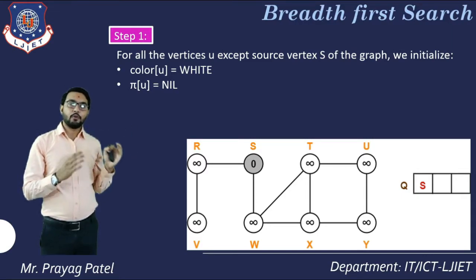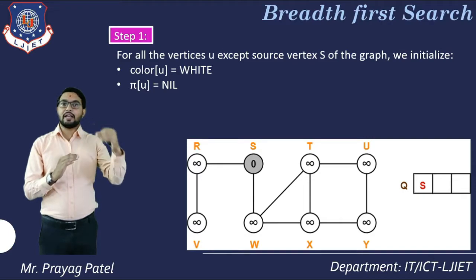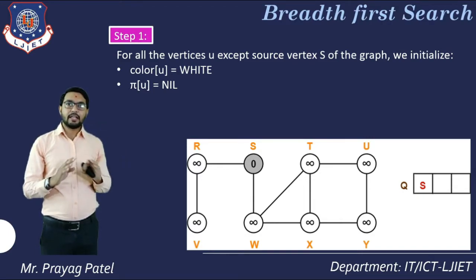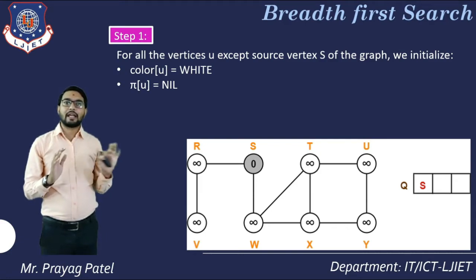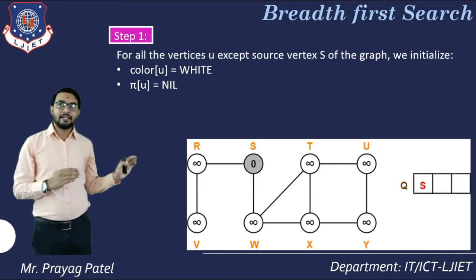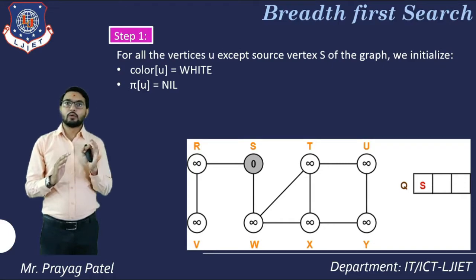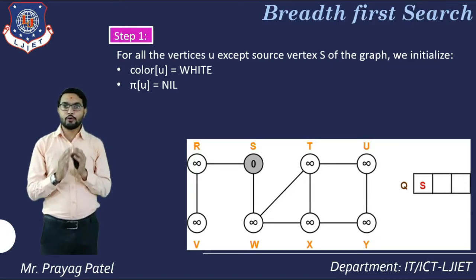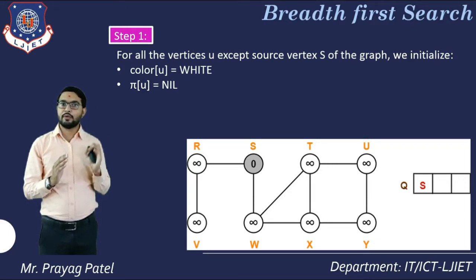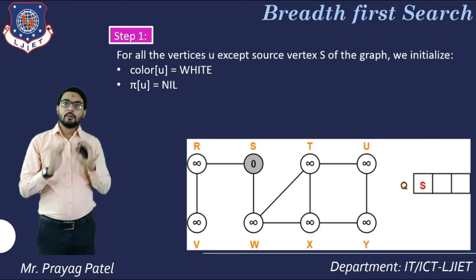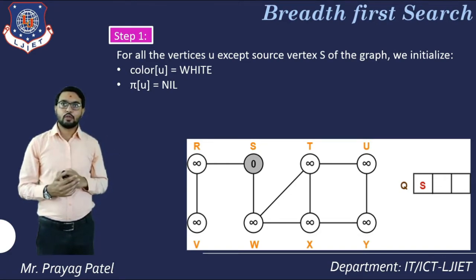So in tree form you consider the parent of each and every node. Initially each node has no parent set. So pi of u equal to nil, where u is R, S, T, U, V, W, X, Y. For all the nodes, the parent node is not set.